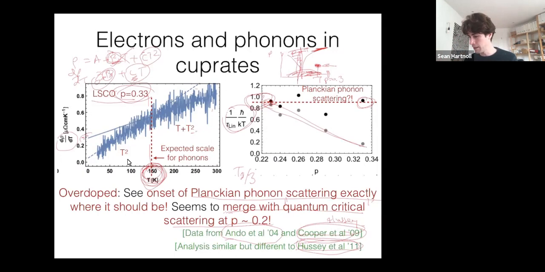Let me try to stick it here. And it's quite interesting. In his mind, what he saw in the same data was a t plus t squared, and then there was this critical region where the derivative flattened. So in his plots, the way he draws it, it looks like this, and then it flattens when you go into this fan.